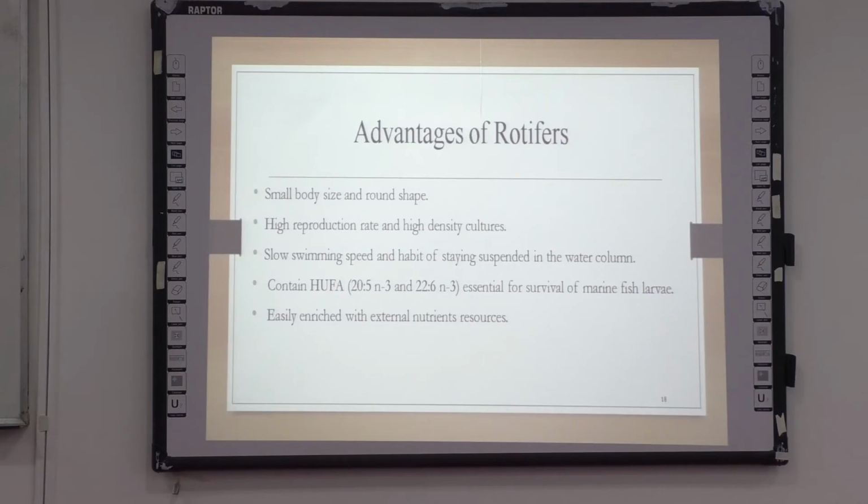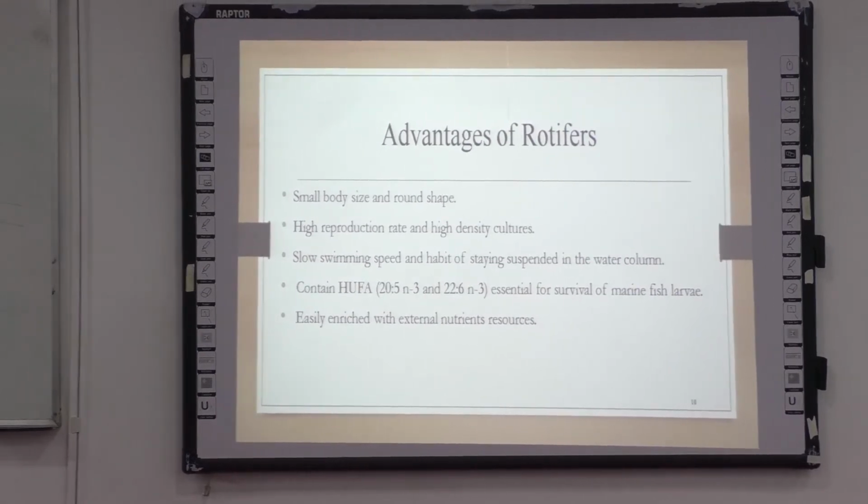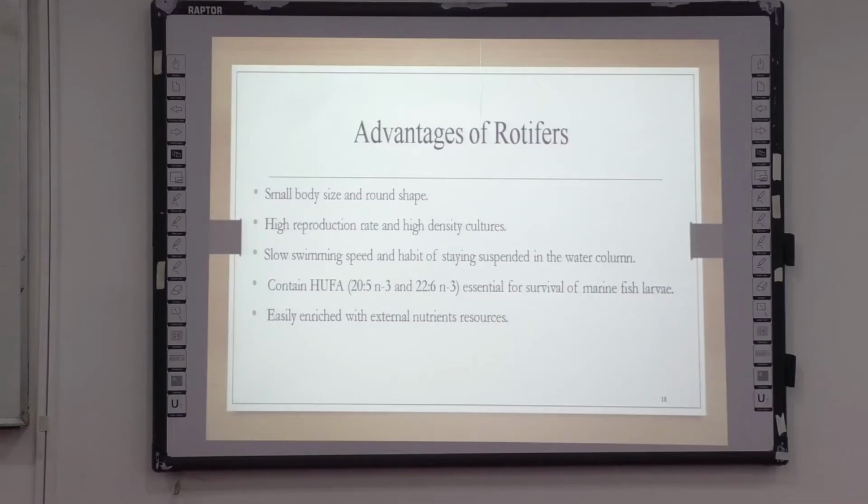And if a fish or a prawn requires any specific mineral or vitamin or any other compound, we can enrich these rotifers with that prior to offering to the fish, so that it also acts as a vehicle which carries the nutrient to the fish larvae.